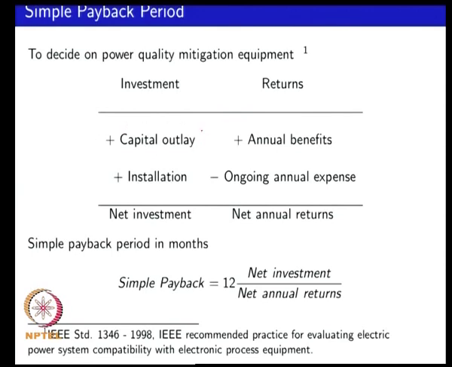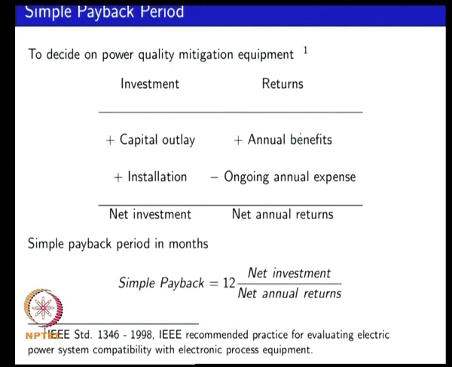So, you might know the cost of a UPS, you might know the cost of a genset, you also know what your installation cost is at a particular site. So, you know the overall total investment that you are making for mitigating your situation of poor power quality.